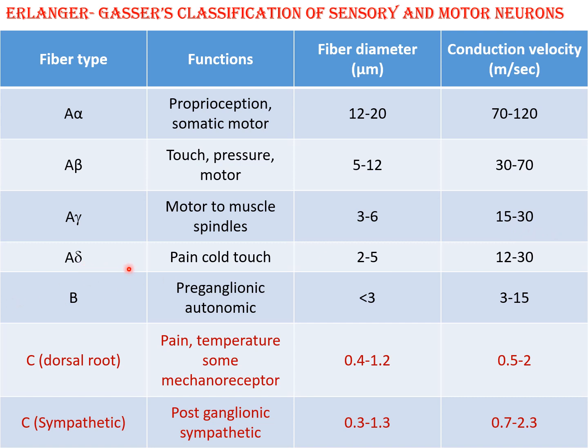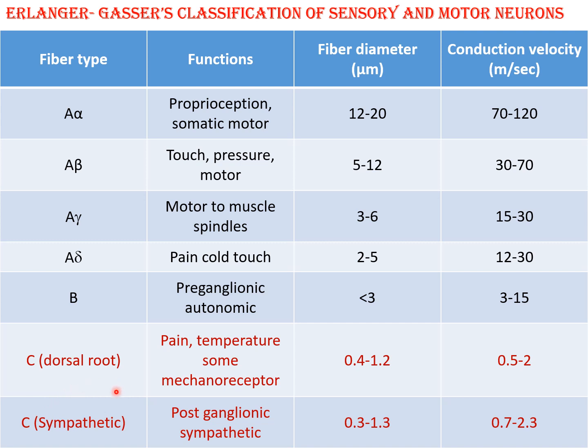A delta fibers are mainly for the pain, cold and touch sensation and the diameter is about 2 to 5 and conduction velocity is about 12 to 30 meter per second. And B fibers. These are mainly preganglionic autonomic and diameter is less than 3 micrometer. Conduction velocity is about 3 to 15 meter per second.